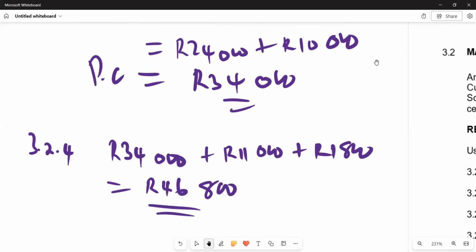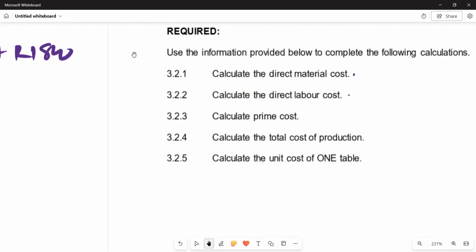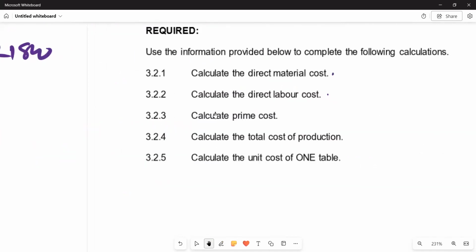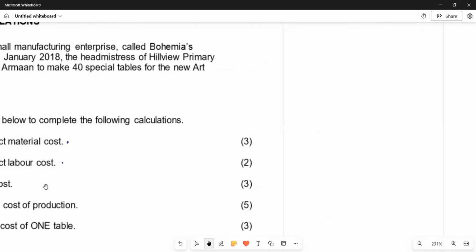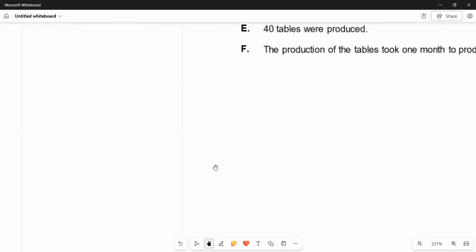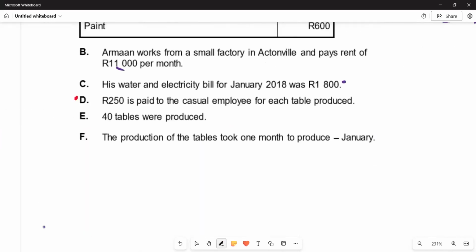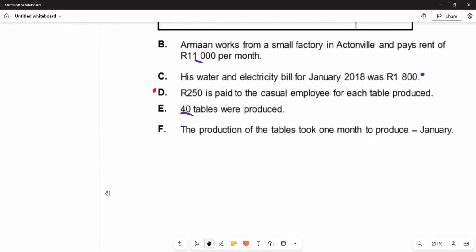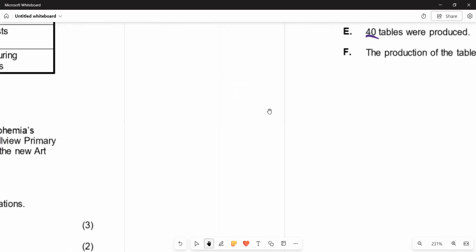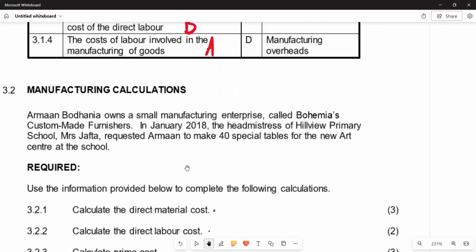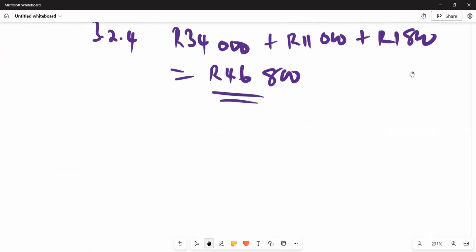The last part of the question, 3.2.5, is to calculate the unit cost of one table. We have 40 tables produced. So total cost of production divided by 40 tables, where the total cost from the previous calculation is 46,800.